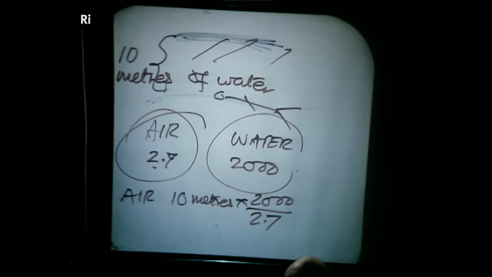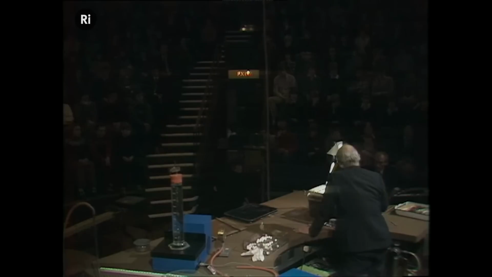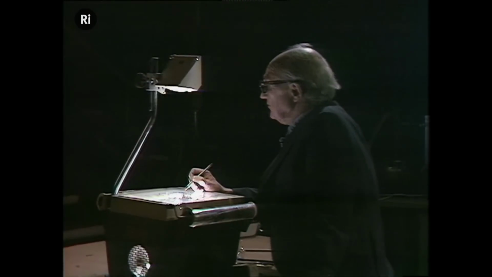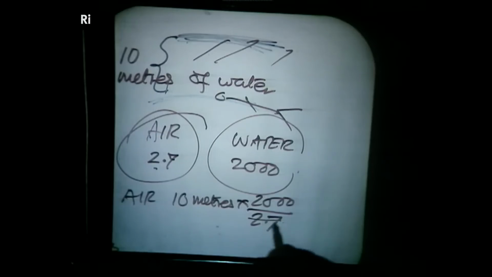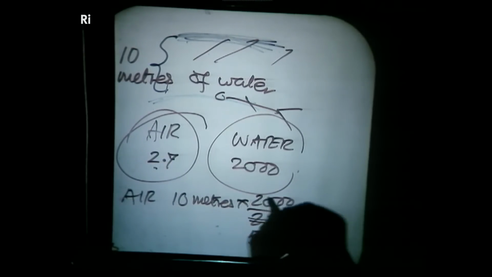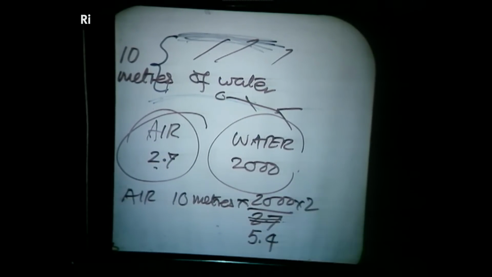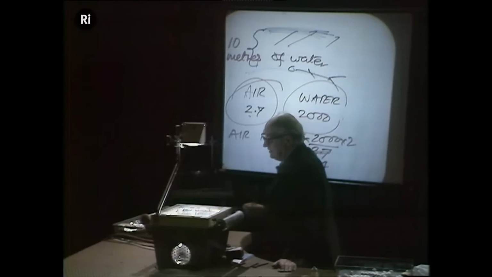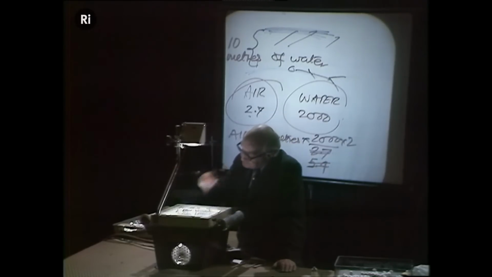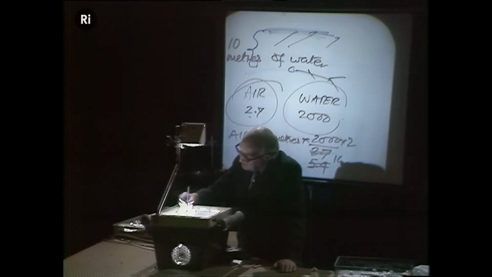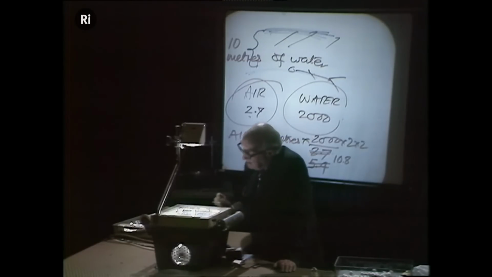Now we have to do some arithmetic. What is that going to come to? 2.7, we will double that, and it's going to come to 5.4, and we'll double that, 10.8, 10.8 times 2 again.